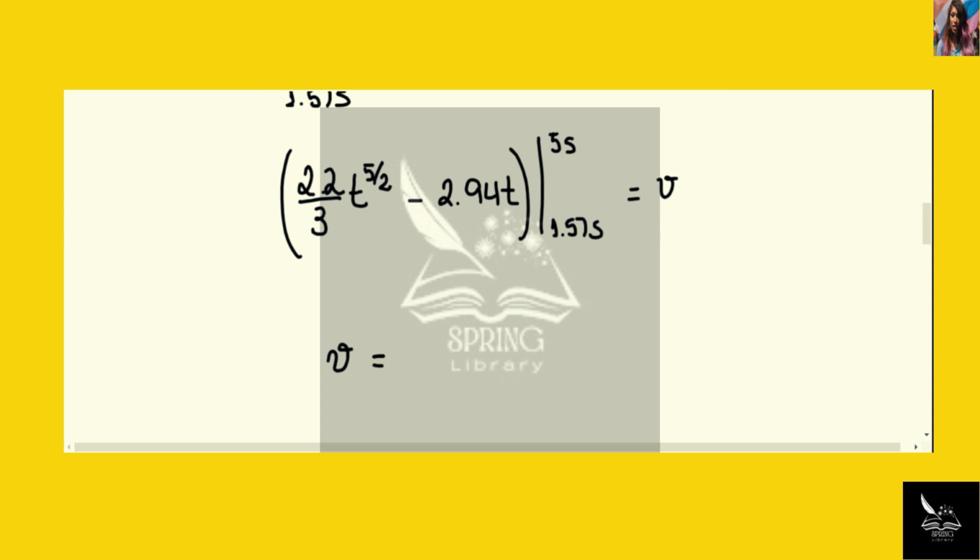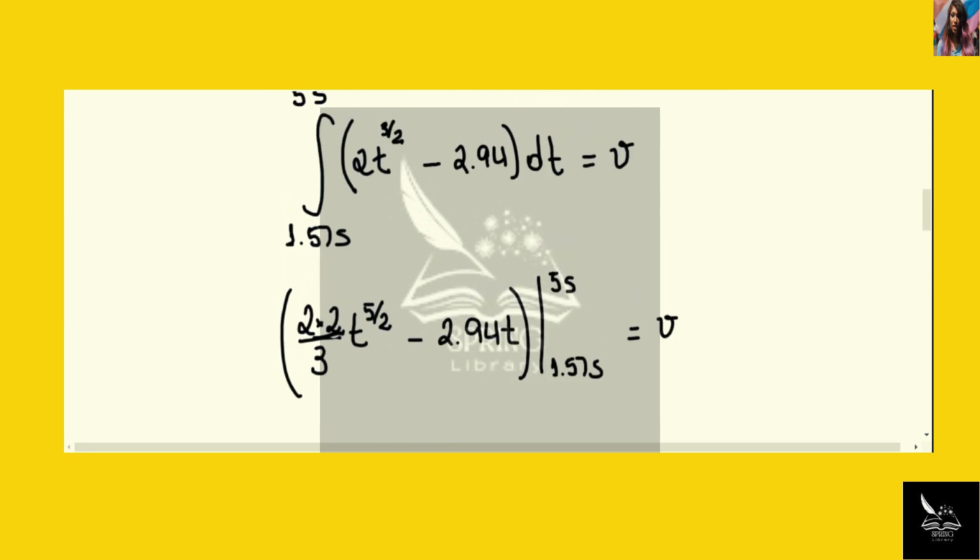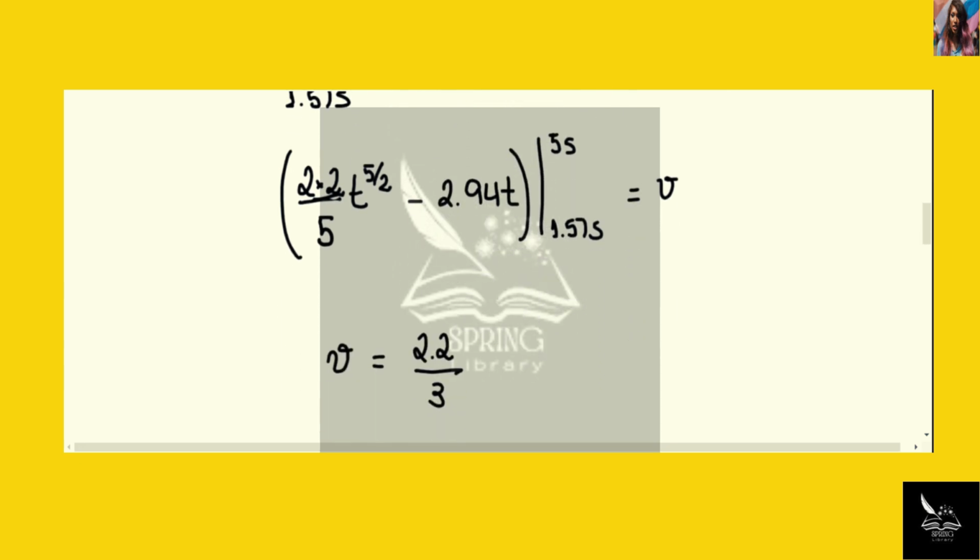So now all we have to do is to substitute the numbers. I'm sorry, it's 2 times 2, not 2 over 3. Because the integral of t to the 3/2 is 2/5 of t to the 5/2. I'm sorry for the mistake.